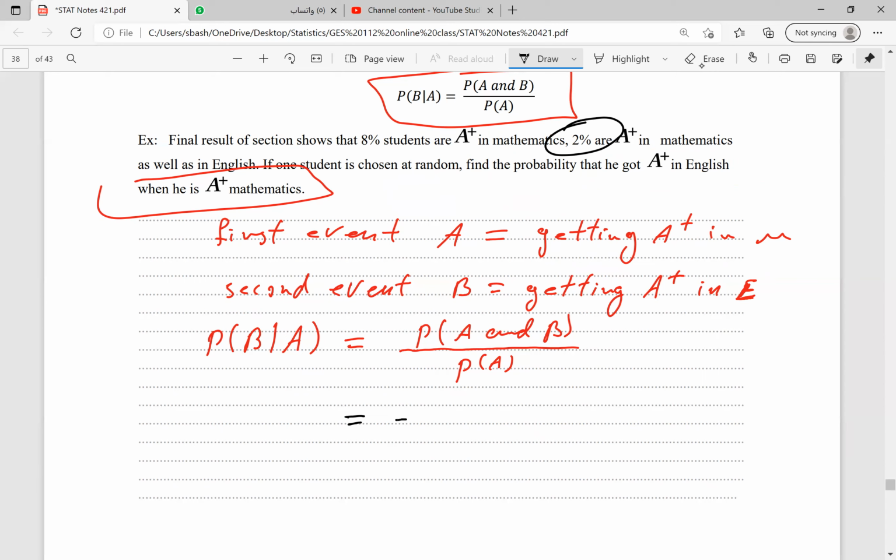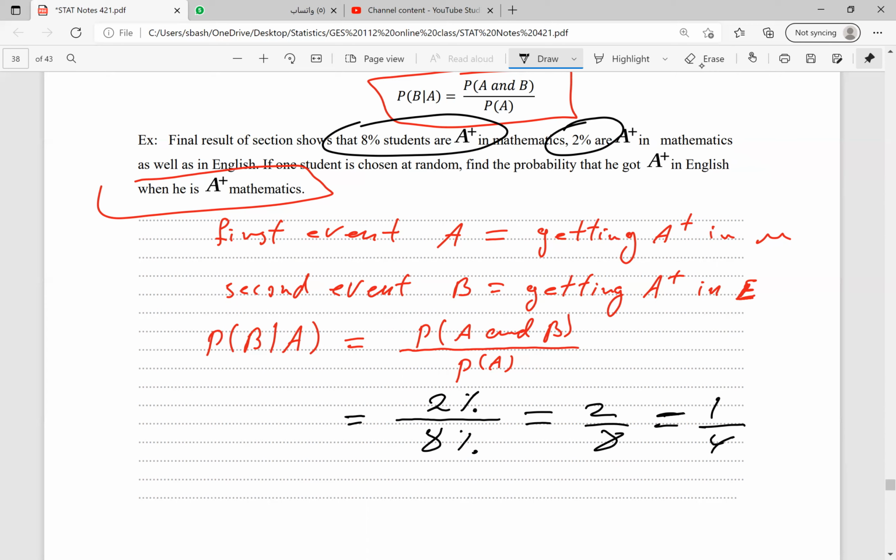So this is 2%, divided by P of A. P of A means getting A plus in math, which was given in the question as 80%. So this is 2/8, which is equal to 1/4. So this is the idea of the conditional probability.